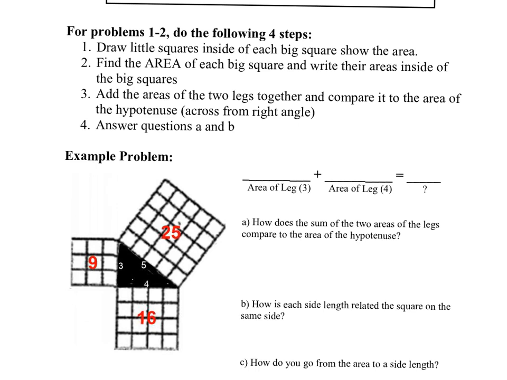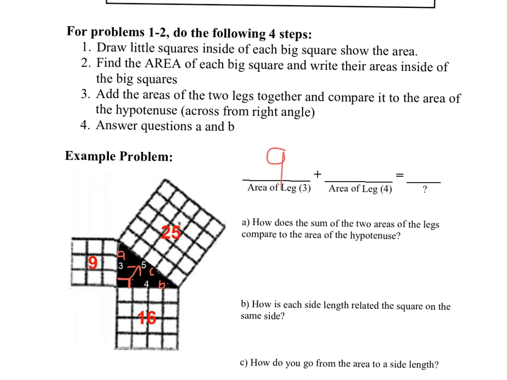Now it's our turn to do step 3, which says to add the areas of the 2 legs together. So the legs are 3 and 4 because our right angle is in this corner, so this is our hypotenuse, C. Our legs are A and B, and it does not matter which one you want to call A and which one you want to call B. But the area of the first leg, where the number is 3, is 9 squares.